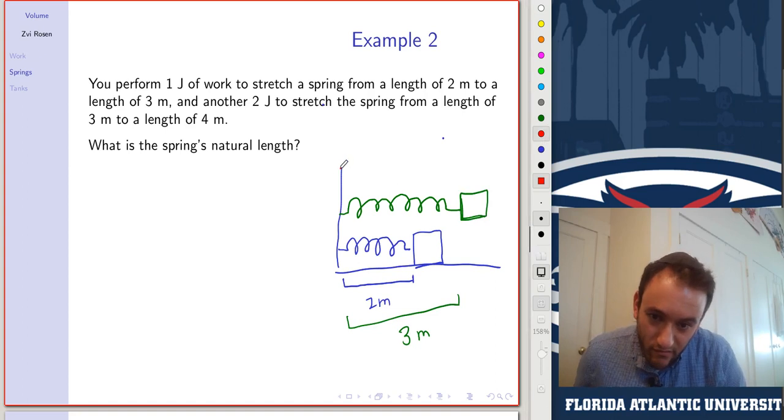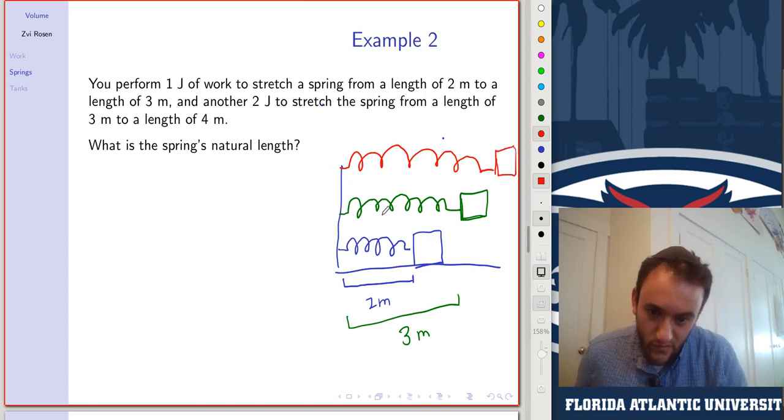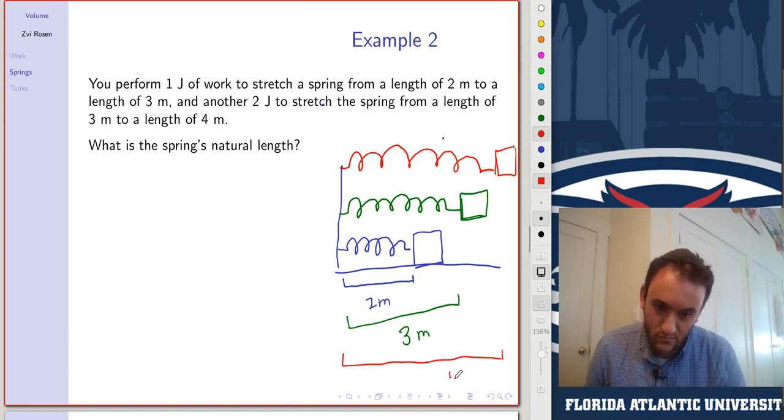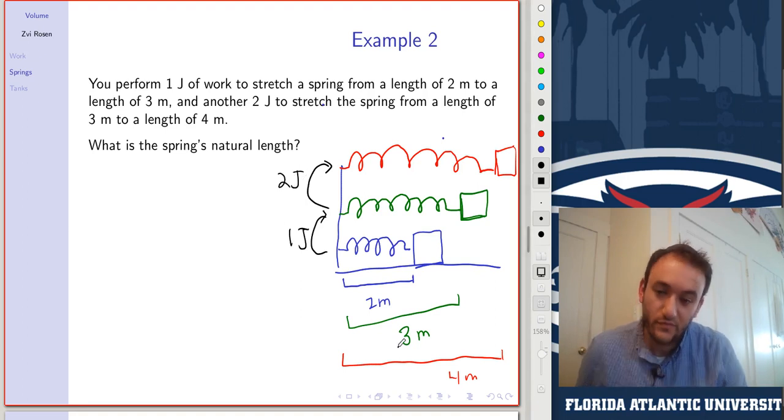And at the second stretch, that's 4 meters. And we're saying that to go from stage 1 to stage 2 is 1 joule, and to go from stage 2 to stage 3 is 2 joules.